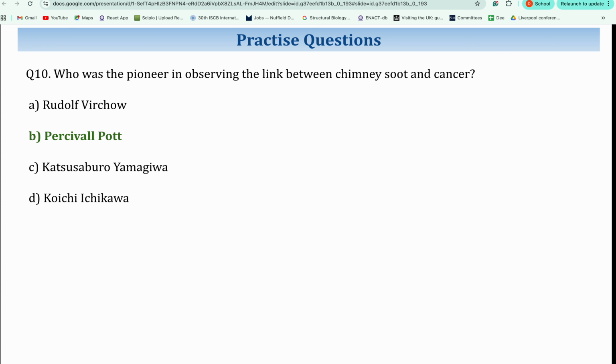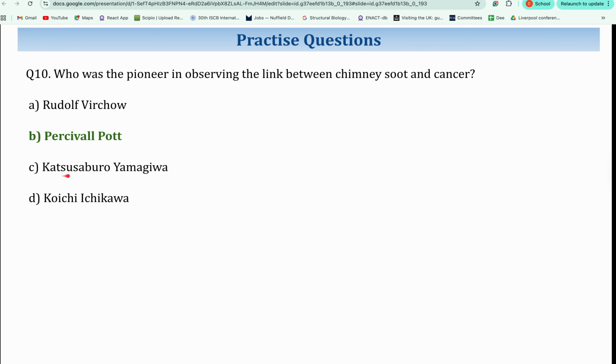Whereas if we talk about Percival Pott, he was the English surgeon. In 1775, he was the one who described scrotal cancer in chimney sweeps, the sweepers who were cleaning the chimneys, so they were showing scrotal cancer because they were exposed to the soot. So he was the one who established the link, Percival Pott.